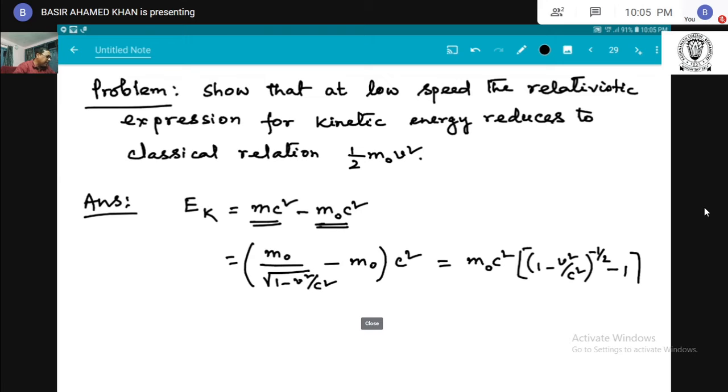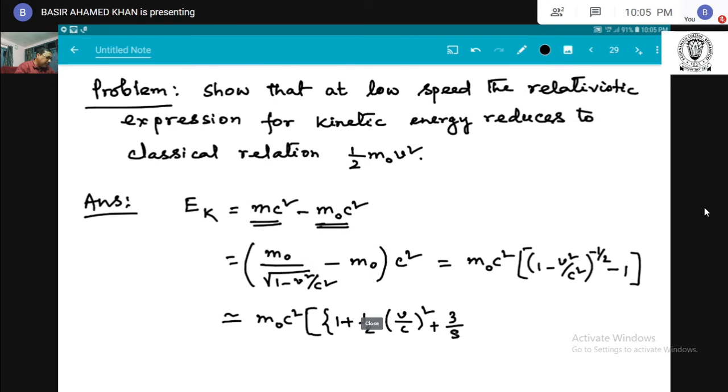That is, this equation becomes almost equal to m0 c square into 1 plus half v by c whole square plus 3 by 8 v by c whole to the power 4 plus dot dot, minus 1. This is the binomial expansion.